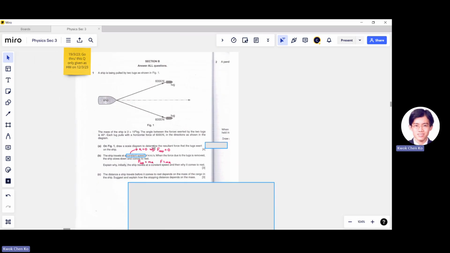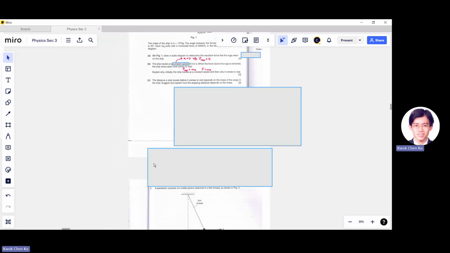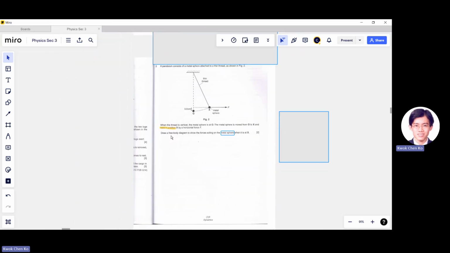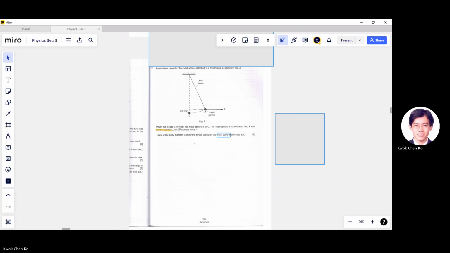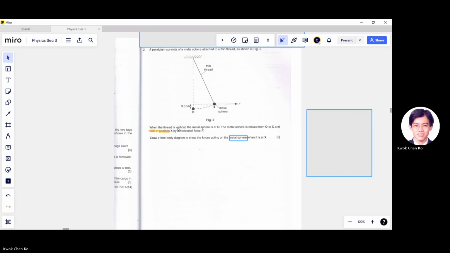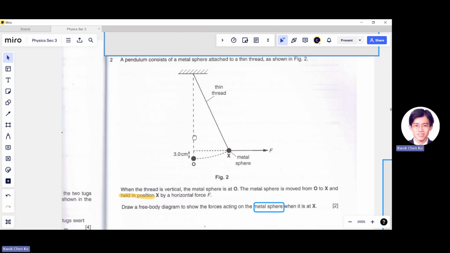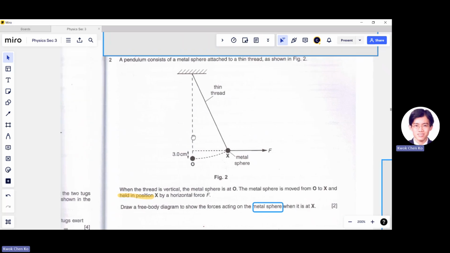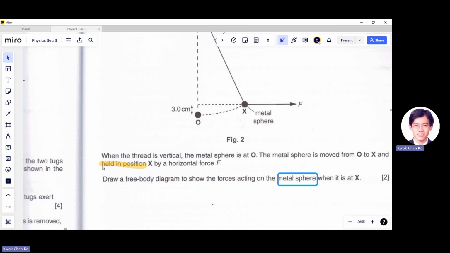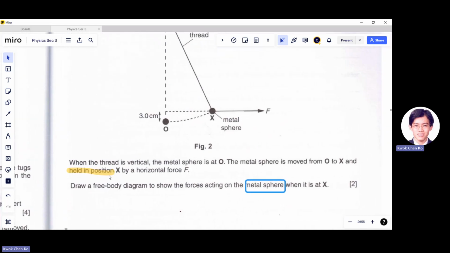Now, that is about all I want to tell you. Let me see. Oh, there's something else here. Now, likewise, this is the last question for the worksheet. Again, be very sensitive to words like this, held in position. All right.